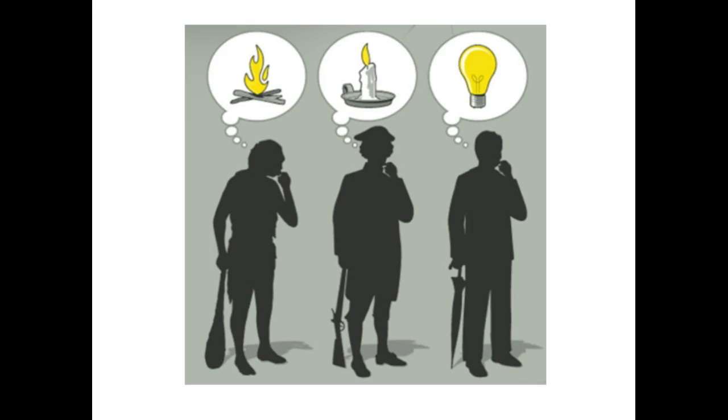That evolved into the candle, which was much more portable, but it was also a fire hazard when people stopped living in caves and started living in wooden dwellings. That evolved into the incandescent light bulb that we talked about a few minutes ago, and which is what we use today. So this is a perfect example of idea evolution.